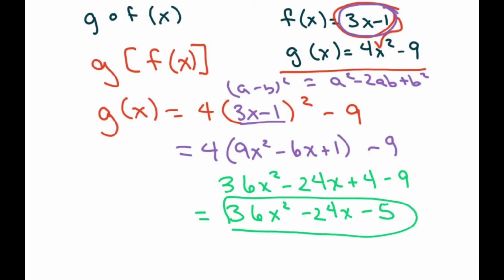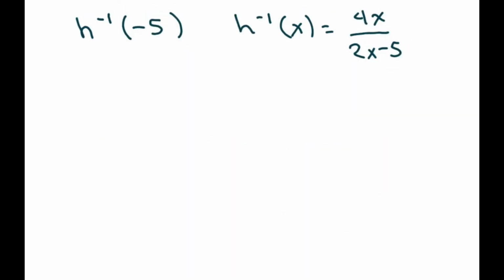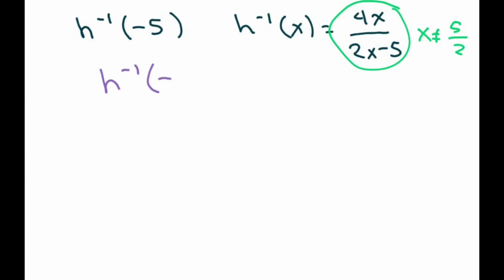All right. And we have another one. Okay, so I went ahead and wrote my inverse. Remember, x cannot be 5/2 because you can't divide by that. And now we just plug in negative 5 everywhere there's an x.